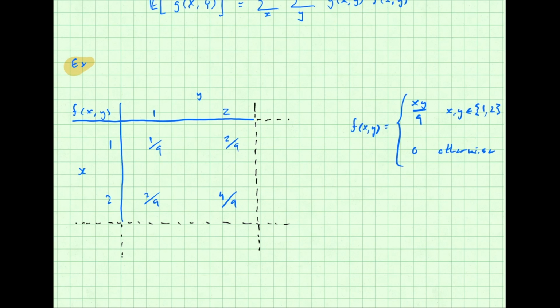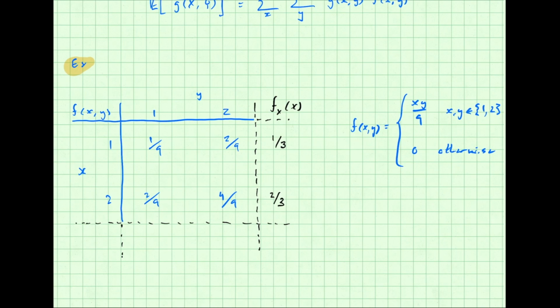So if we were to sum in this direction, sum over the y values, then we would end up with the marginal distribution for x. And if we do that, the first one, so when x is 1, this is 3/9, which is a third. And if we do the second row, when x is 2, that's 6/9, so 2/3.